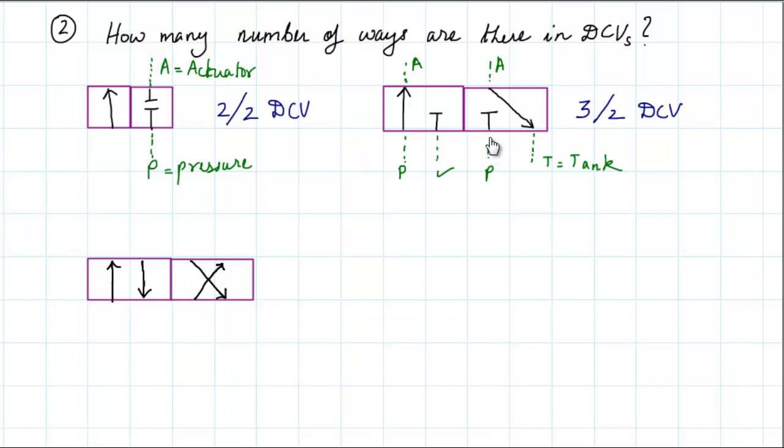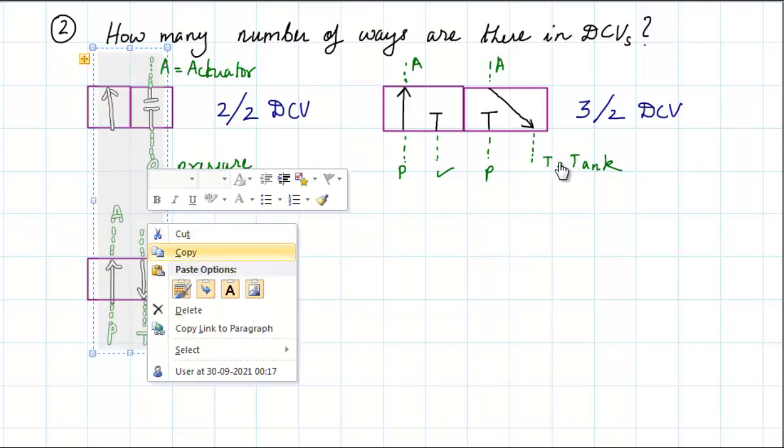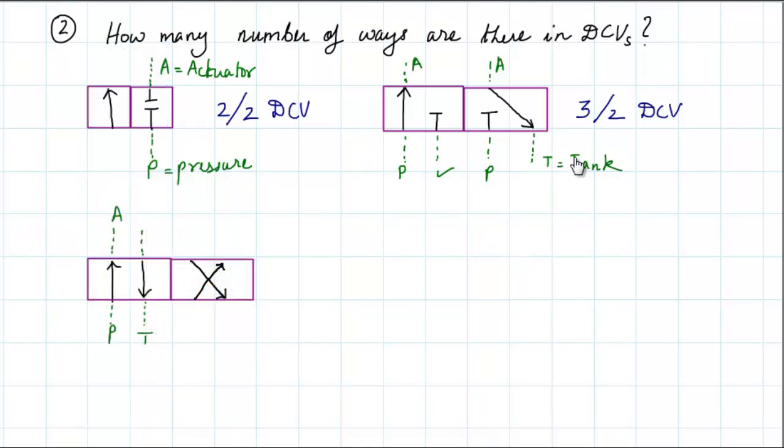Now in this one again you can say that this will be the P port, this will be the A port, this will be the tank port, and the next one is named the B port. B port means it is coming back from the actuator, that's all. So I will name it the B port. Now this naming as A, P, T, B and all these can be different for different textbooks.